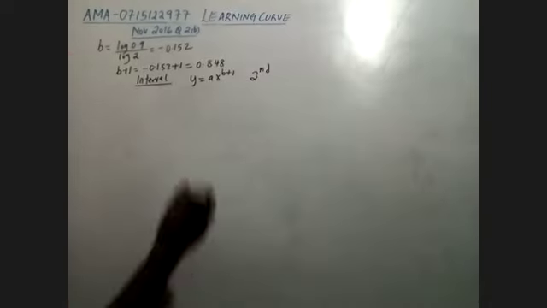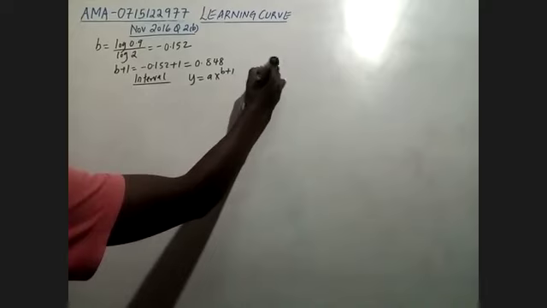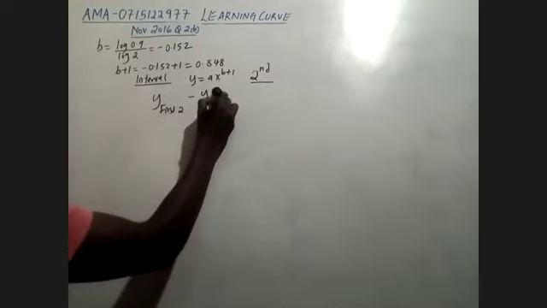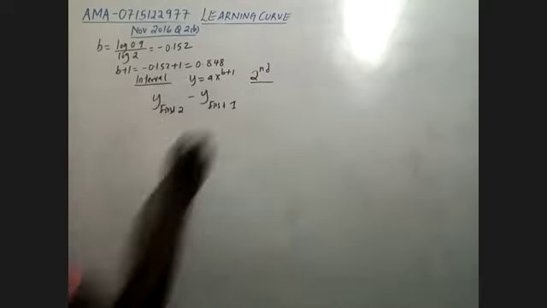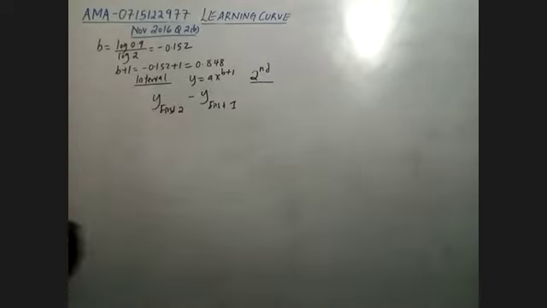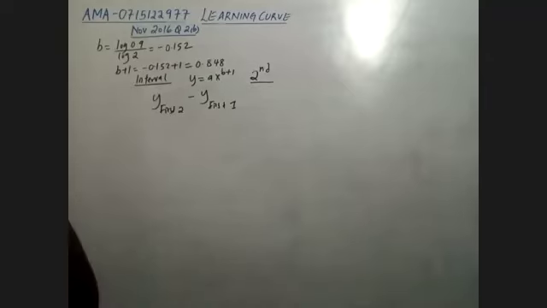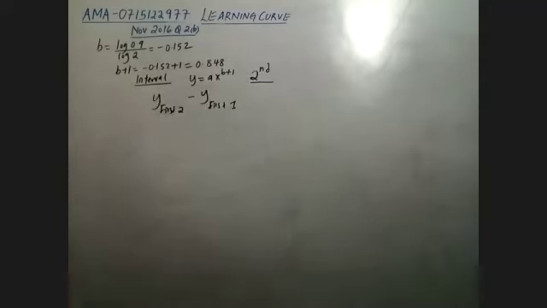Now what is the formula? For the second, I had given you: you take the cost of the first 2 and minus the cost of the first one. Is that okay? Now let's find it. Now A, tell me how much it is. From the question, how much was A? Let me check.